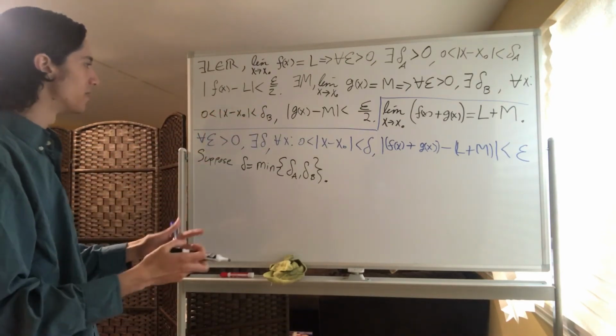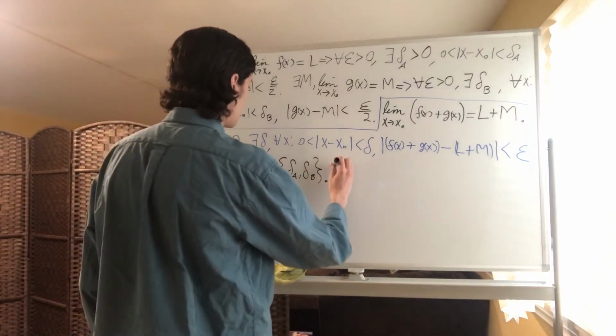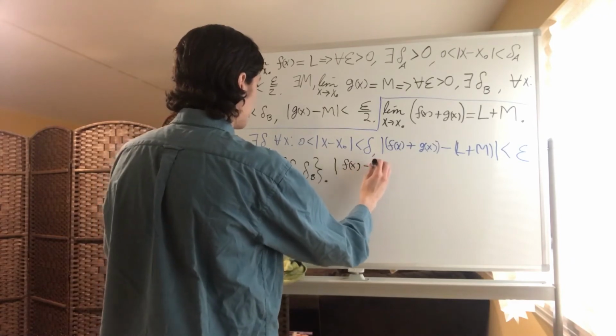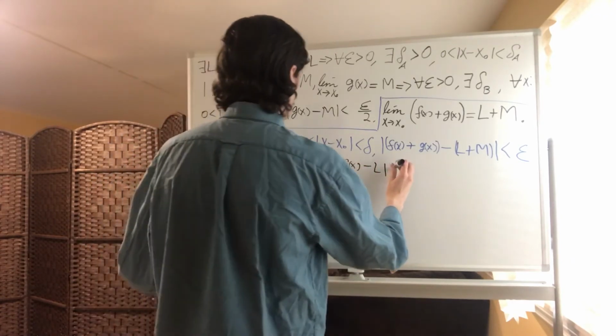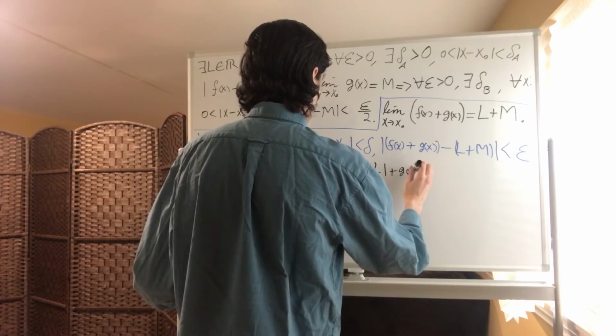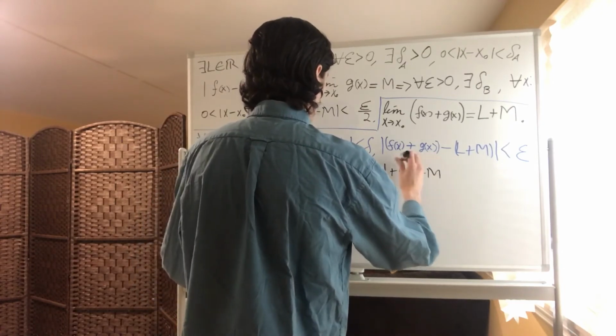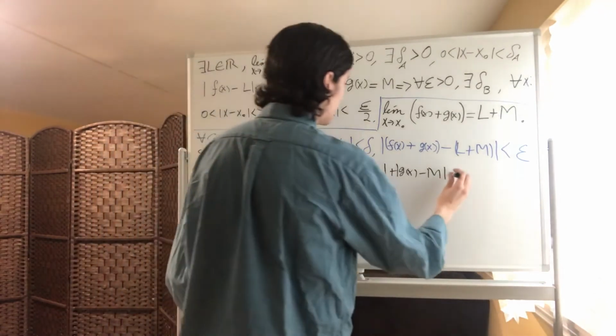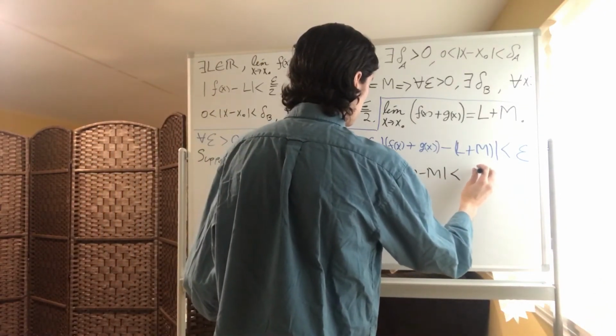And why don't we add them up? We can say that the absolute value of f of x minus L plus the absolute value of g of x minus M would be less than epsilon.